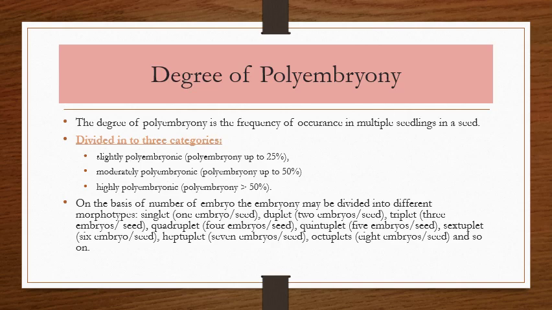The first is slightly polyembryonic, in which the polyembryony occurs up to 25%. The second is moderately polyembryonic, in which 25% up to 50% polyembryony occurs. And the third one is highly polyembryonic, in which more than 50% polyembryony is performed.